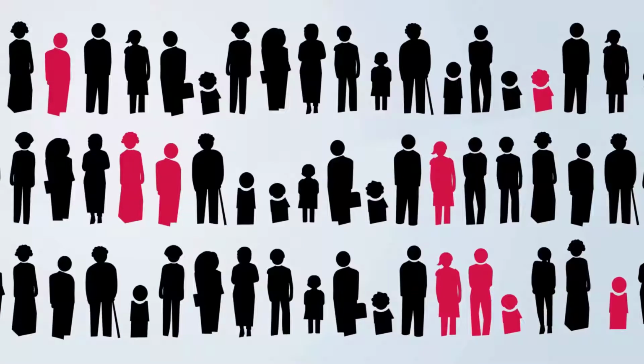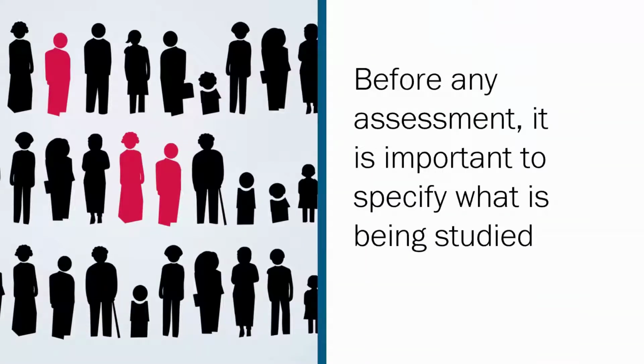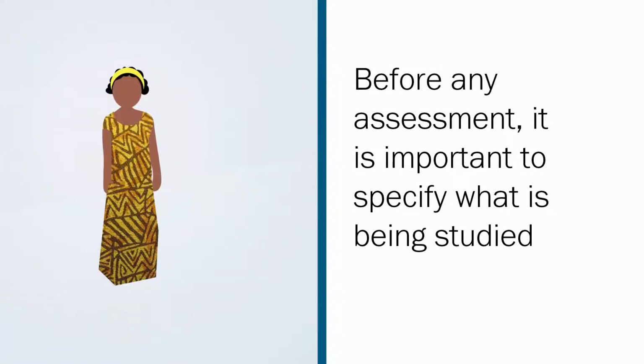In epidemiology, before you can do any assessment, it is important to specify what is being studied. We call the person with the disease or condition a case. A case can be a disease, such as trachoma, a health problem, such as obesity, or a condition, such as myopia.